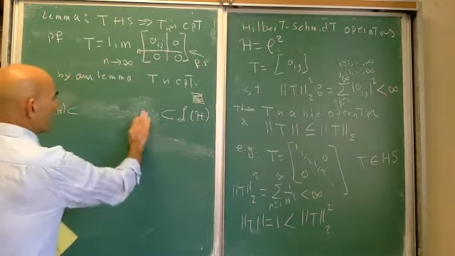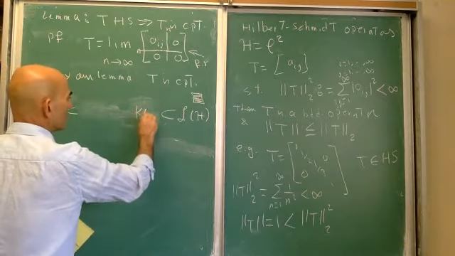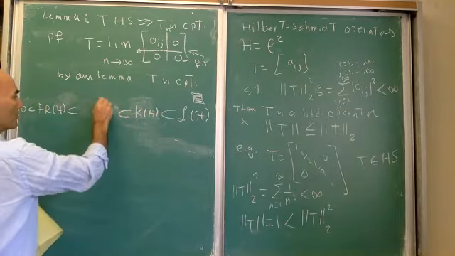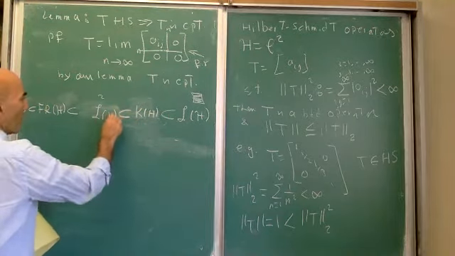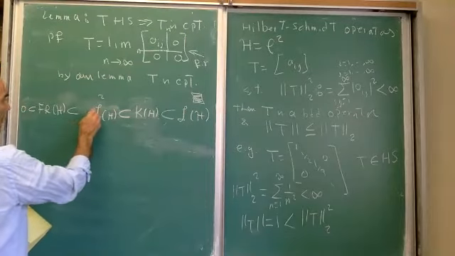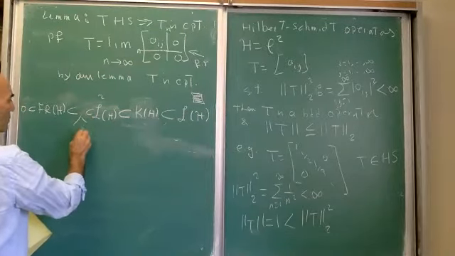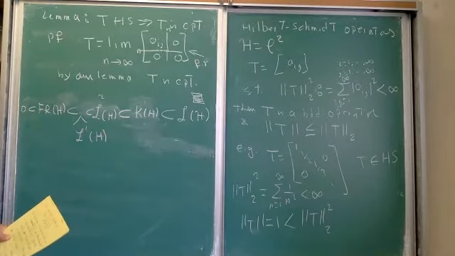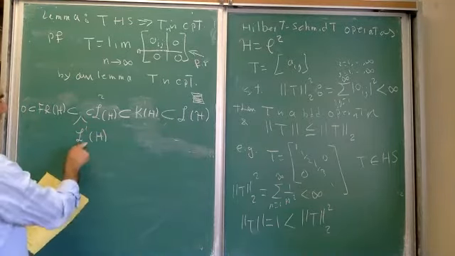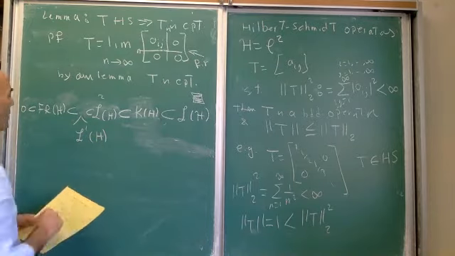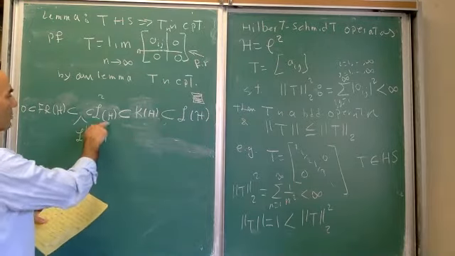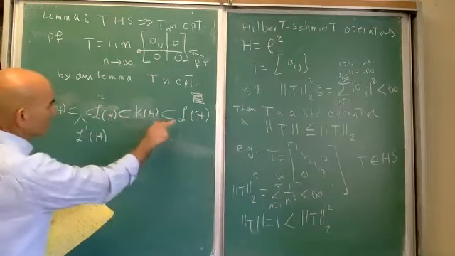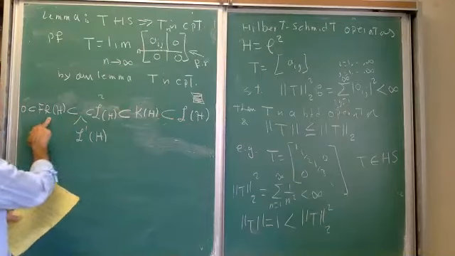So here is K of H, which properly contains L2 of H, and this L2 of H properly contains L1 of H. L1 I did not define; we will come back to that later on. This is trace class operators, these are Hilbert-Schmidt operators, these are all compact operators, and these are finite rank operators.